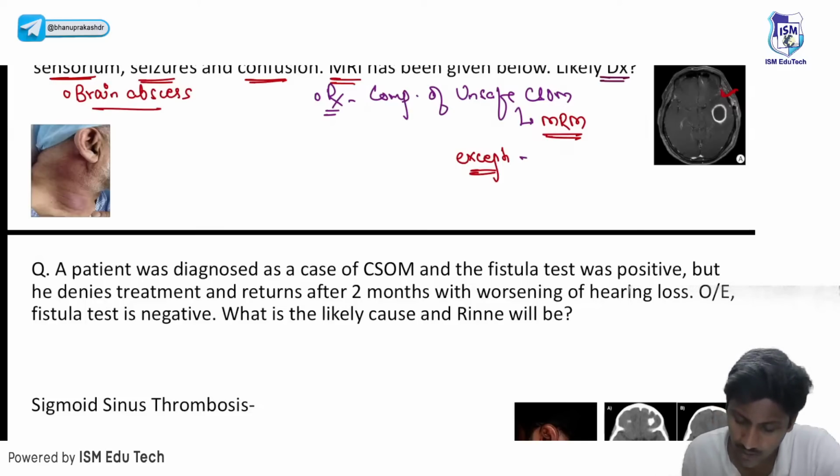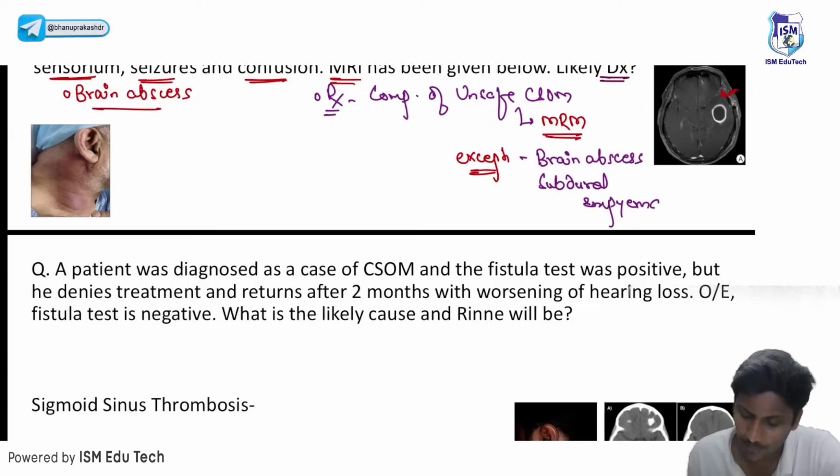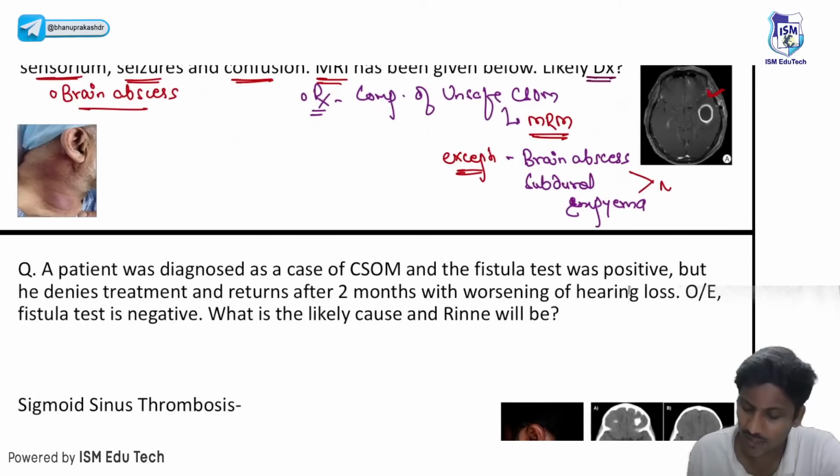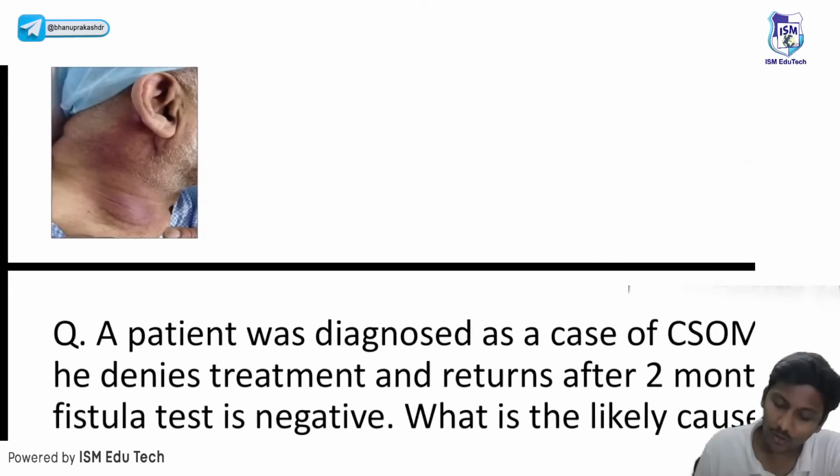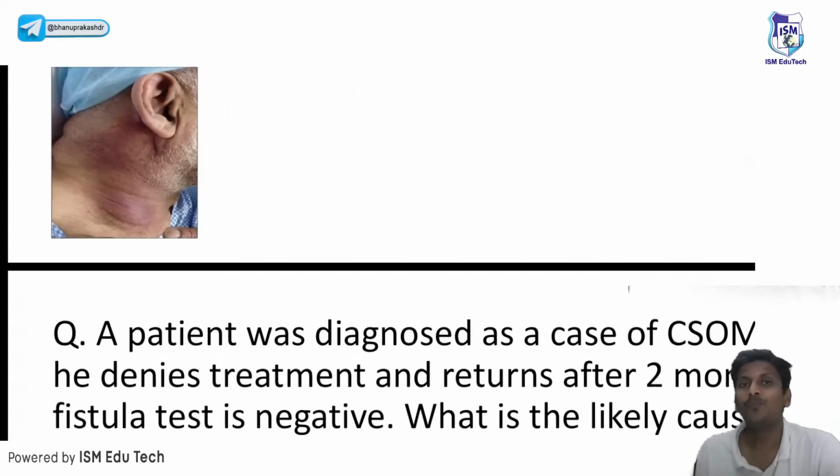These are a case of brain abscess, or a case of subdural empyema. Empyema is again a pus collection only, but beneath the dura mater, therefore it is called a subdural empyema. In these two conditions, the patient needs a neurosurgery. That's important. Next, this is also one of the complications of unsafe CSOM.